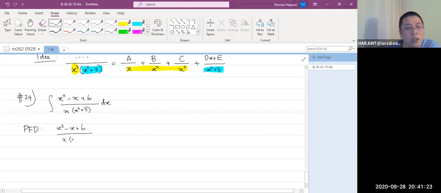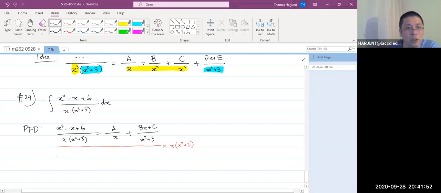It's x squared plus 3. So this must be something over x plus something over x squared plus 3. 1 degree less, because that's degree 2 at the bottom, then on the top that will be degree 1. Now from here the technique is similar: multiply by the LCD, which is x times (x squared plus 3).